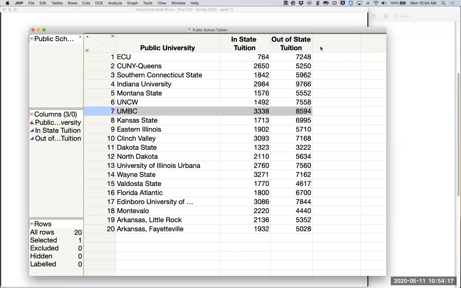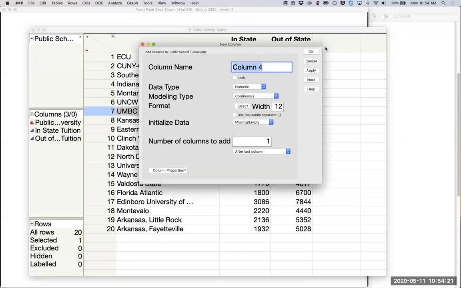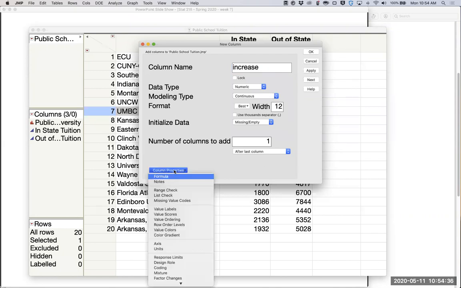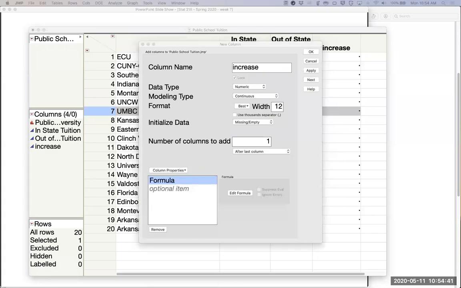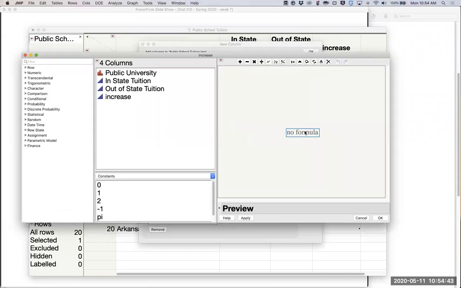Literally, what I could do is calculate a new column. This is not what you're going to have to do again. I'm just walking you through the logic of this, and we're not doing the calculating bits. The difference, or the increase in the out-of-state tuition versus the in-state tuition: I'm going to say that formula is the out-of-state minus the in-state tuition.